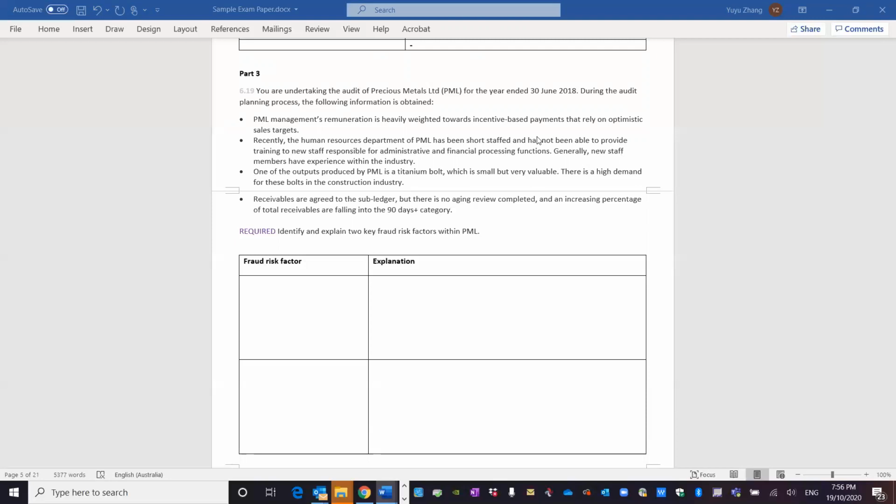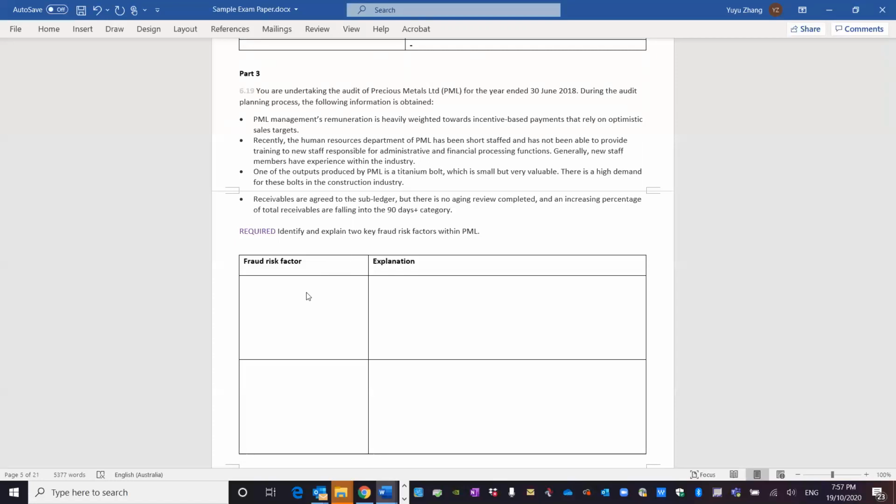Okay, so the question asks you to identify 2 key fraud risk factors. So you don't need to provide more than 2. So what you need is identify the fraud risk factor and then provide some explanation. Okay, so you'd have fraudulent financial statements and misappropriation of assets.